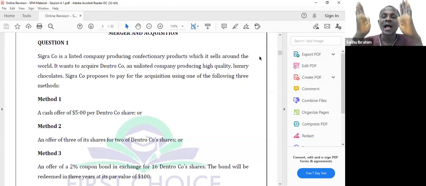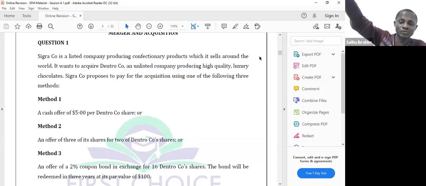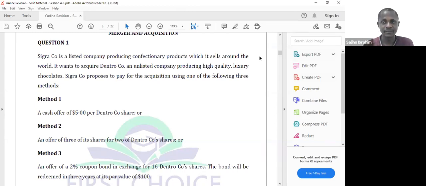How will you know? Add the pre-acquisition market value of the two companies together. Let me repeat it. The pre-acquisition market value of the two companies that you have first computed, add them together. Deduct it from the post-acquisition market price.